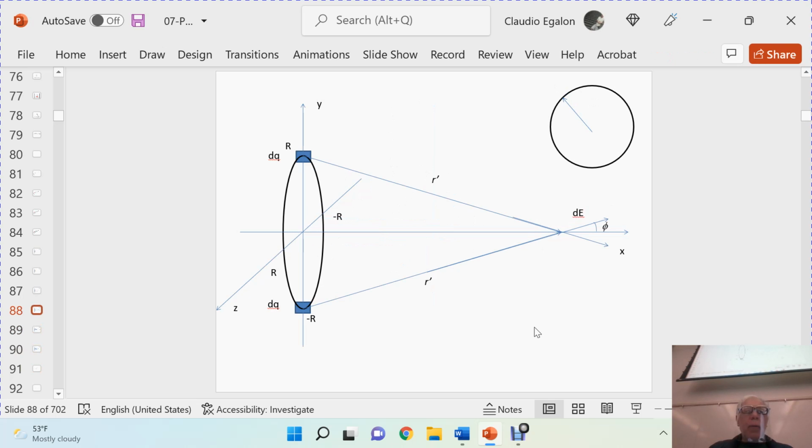Okay, so I can put also the drawing here of the infinitesimal charge, right?